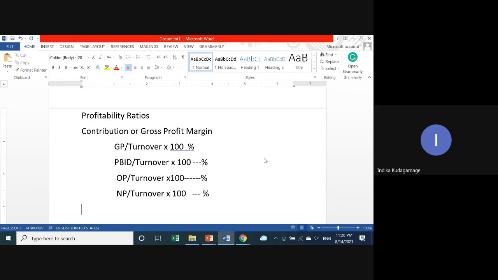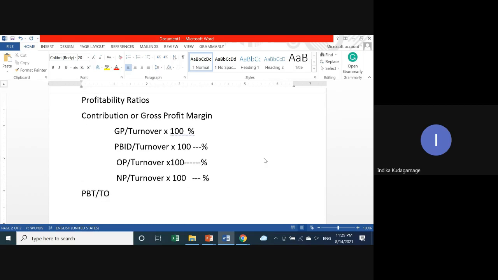So net profit can be profit before tax to turnover or profit after tax to turnover, right? So these are some profitability ratios. So what is the profitability of a business? We calculate from this.